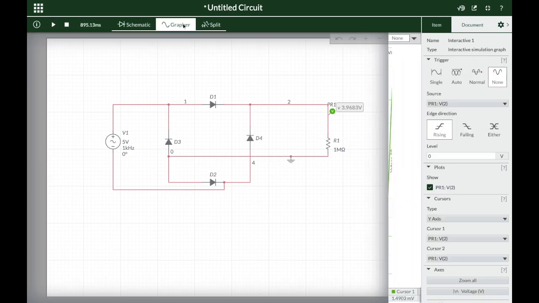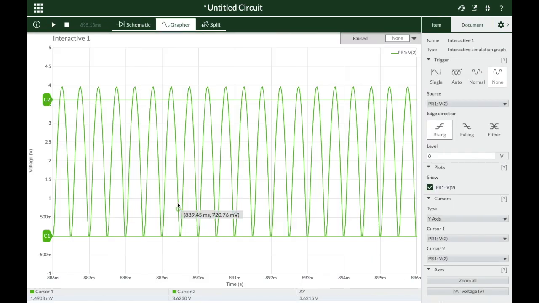We'll come to Grapher to see the output signal. We can see that the peak value has gone up. So we'll have to shift the C2 cursor touching the peaks once again. We'll take it here so that now we can get Vm, which is a different value than earlier, and that is 3.9717 volts, and the peak to peak is 3.9702 volts.